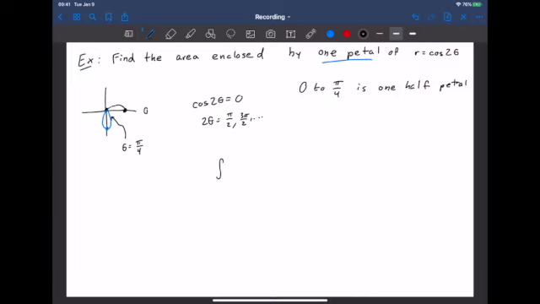If I took the area from 0 to pi over 4 of my rose, which is cosine 2 theta squared, 1/2 r squared d theta. It's an annoying formula, but you'll get used to it. What I have here is 1/2 petal.